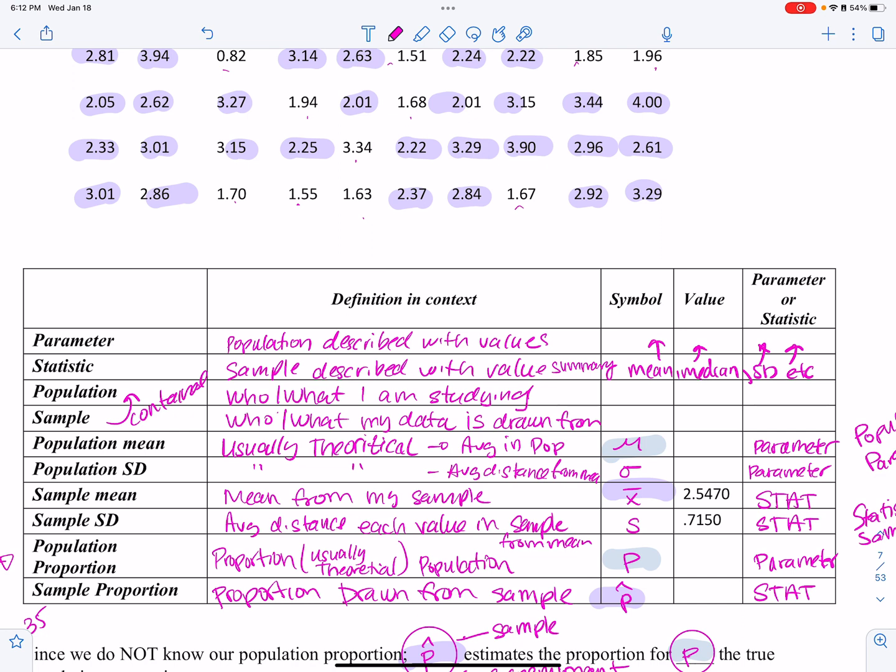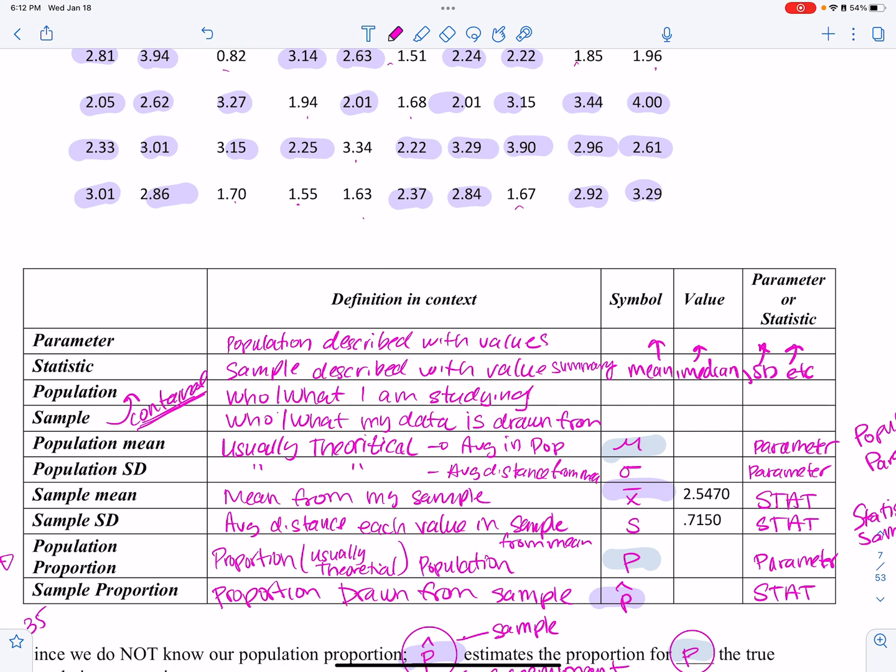And the statistic I do know because it's the actual people or things that I've measured data on. All right, so population is who or what I am studying, and the parameters come from the population. And the sample is who or what I'm actually drawing my data from. The sample comes from the population. It says it's contained in the population.